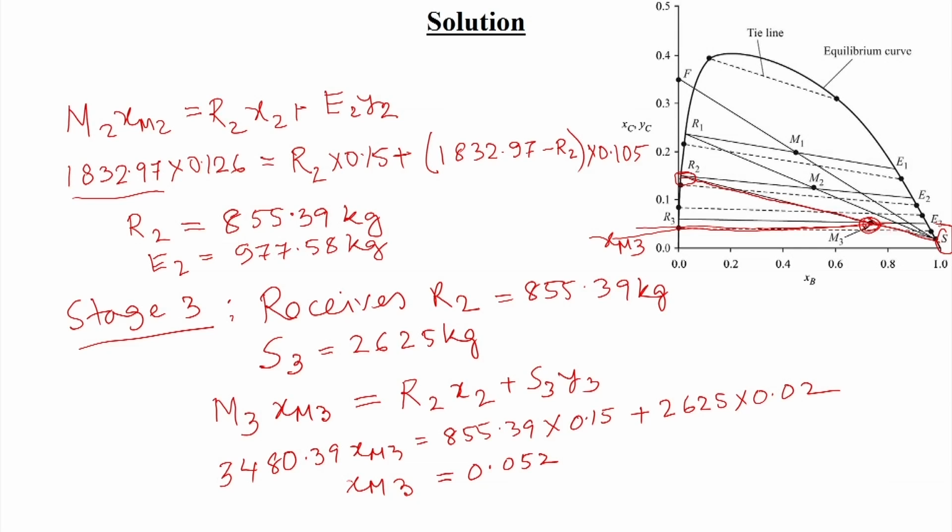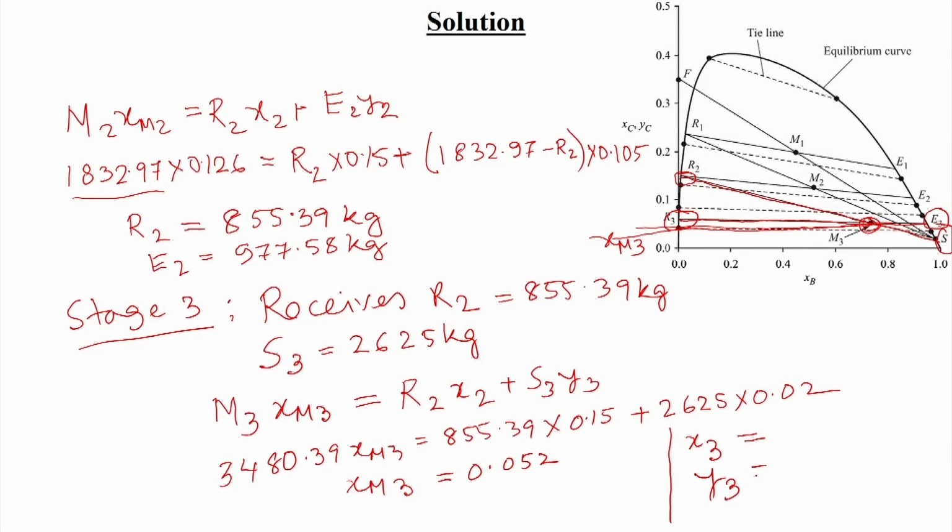Here also this mixture M3 will be divided into two different parts, R3 and E3. If we read from R3 and E3, we will get X3 and Y3.